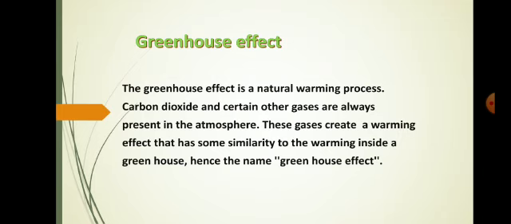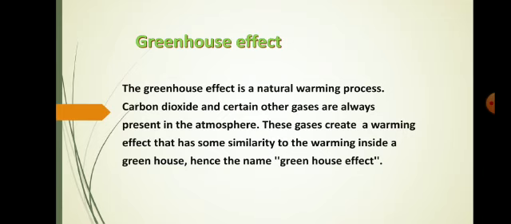So these gases create a warming effect that has some similarities to the warming inside a greenhouse, hence the name greenhouse effect came. Here you can see that the sun brings energy to the climate system. Most of it is absorbed by the oceans and land.